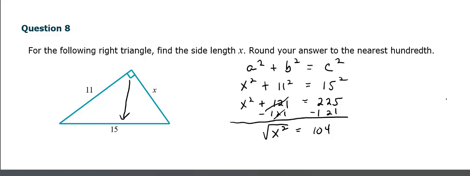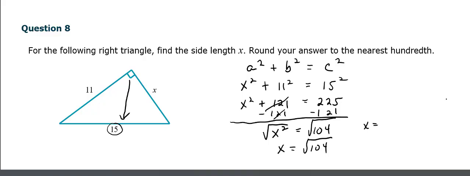I'm going to take the square root of both sides. So x would equal the square root of 104. So again, we know that our answer should be smaller than our hypotenuse, 15. So now on your calculator, you're going to put in the square root of 104.